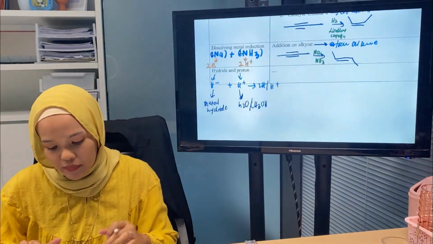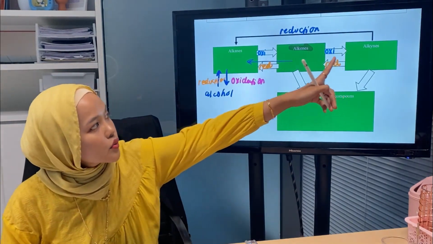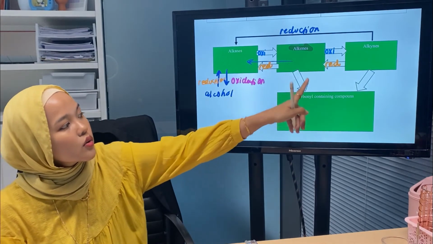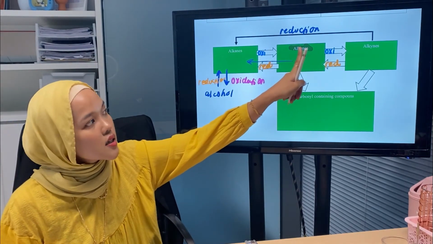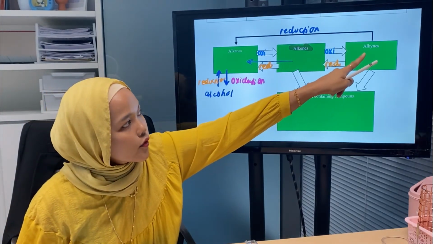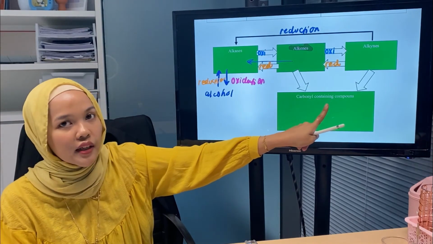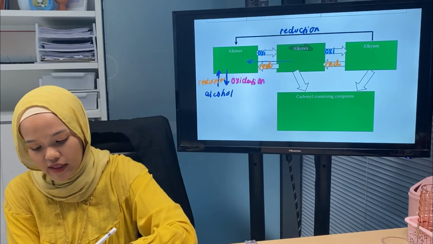So, last but not least, from alkane to alkene to alkyne, you can do oxidation. But also from alkyne you can produce carbonyl containing compound, or from alkene you can produce carbonyl containing compound.